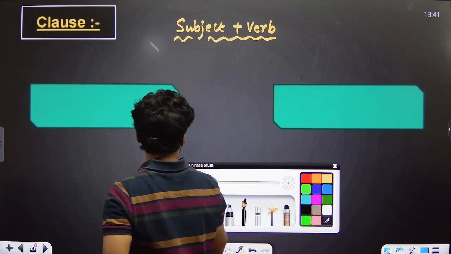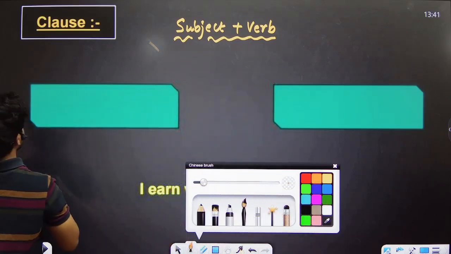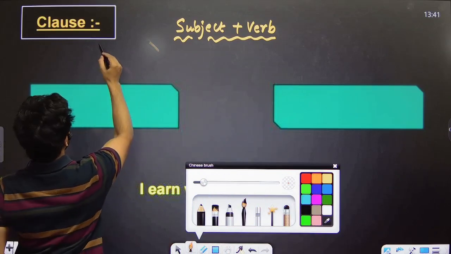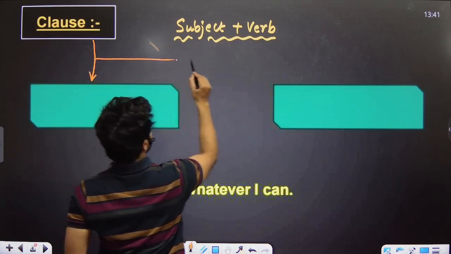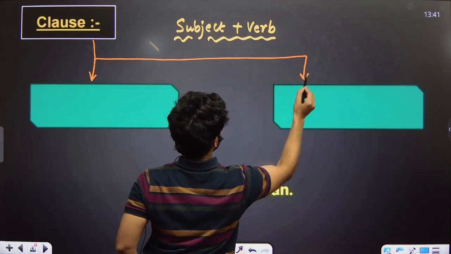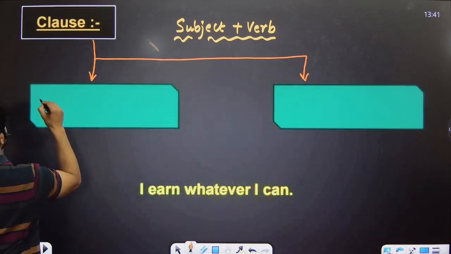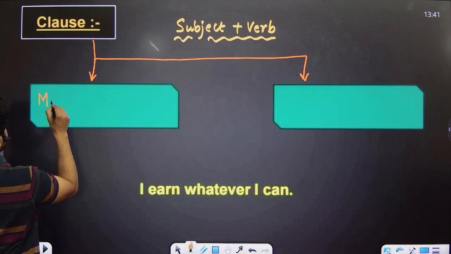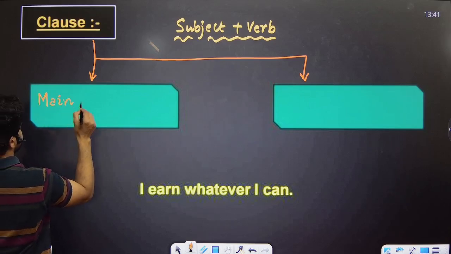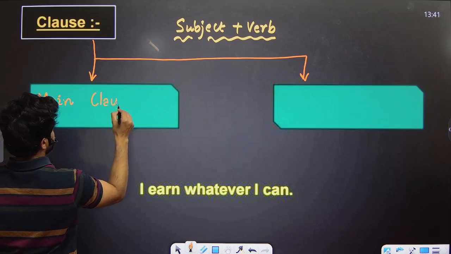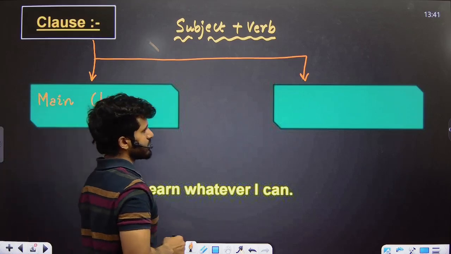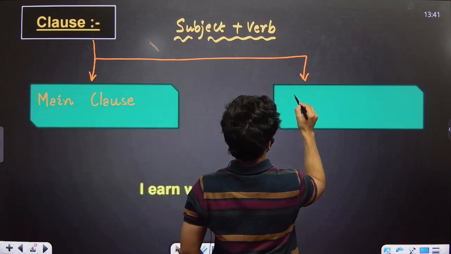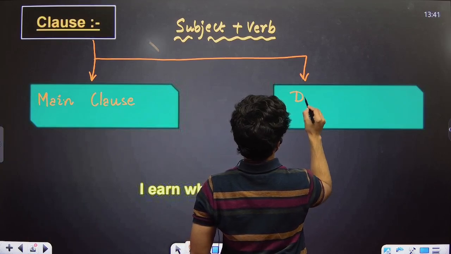See, in the case of clauses, you will get two parts. The clauses will be subdivided into two categories. The first one will be your main clause, and you have your dependent clause.